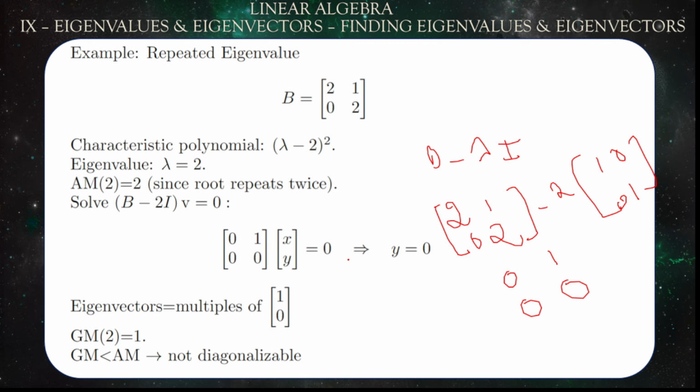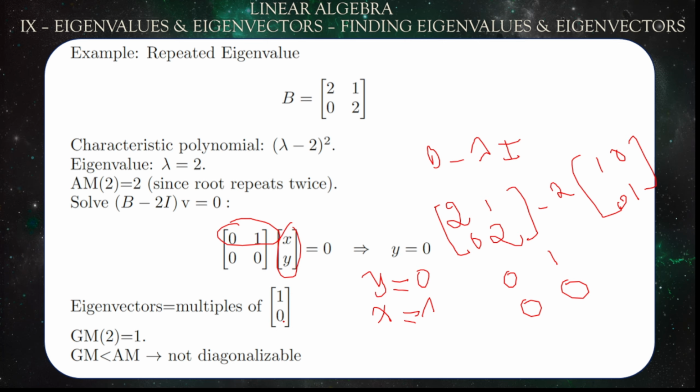Now let's multiply row by column. The second row won't matter because it's 0. So 0 times x plus 1 times y, which is y equal 0. Now x is undetermined, but we assume that x is equal to 1. So the eigenvector is [1, 0].